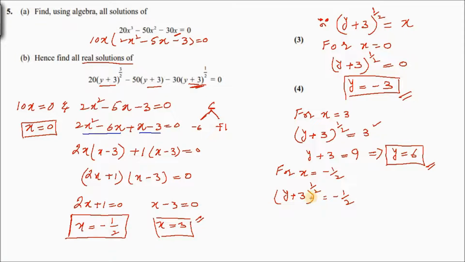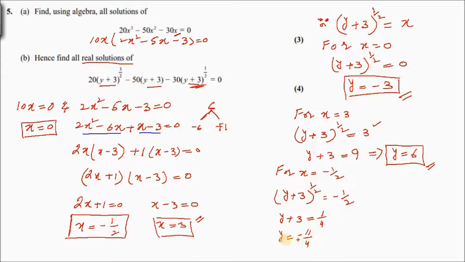Or if you are not understanding, meaning we cannot use x equal to minus half. Why is that? You will understand soon. Let's solve this equation for y. When you solve for y, you have y plus 3 is equal to 1 upon 4, and then y is equal to 1 upon 4 minus 3, which is minus 11 upon 4. This is the value of y.